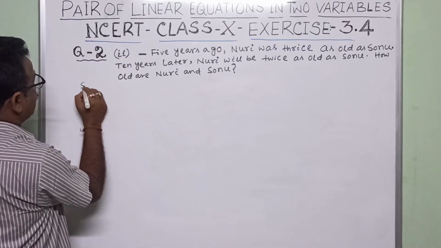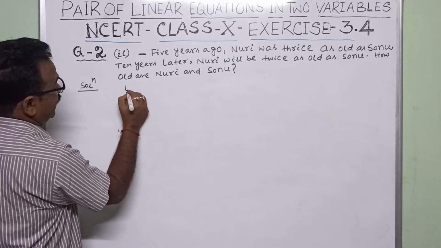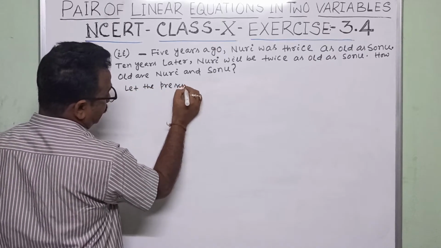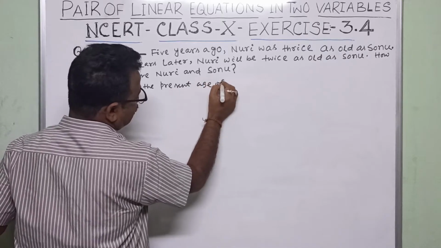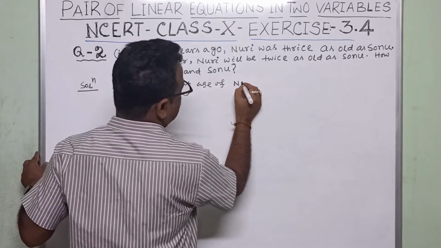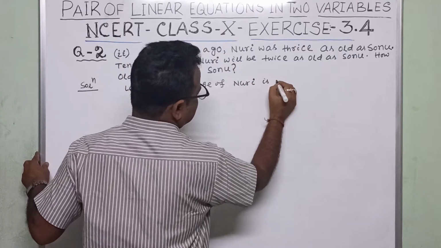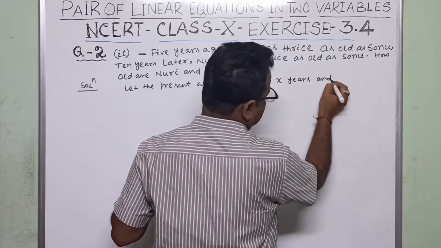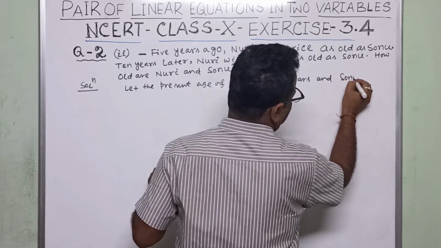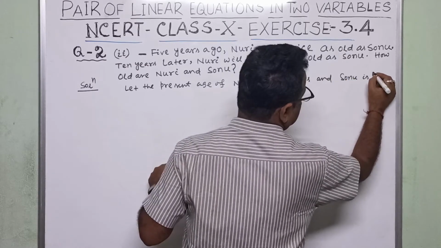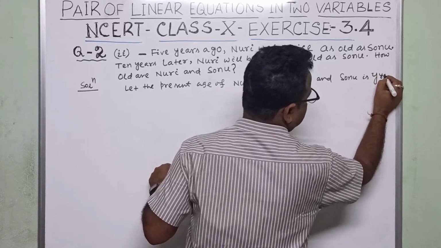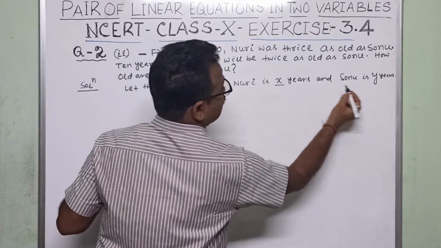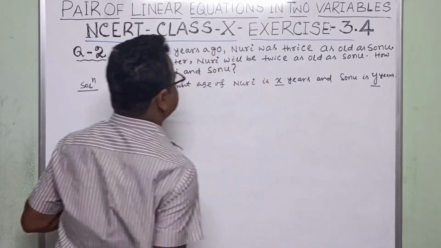Let the present age of Nuri be x years and Sonu be y years.